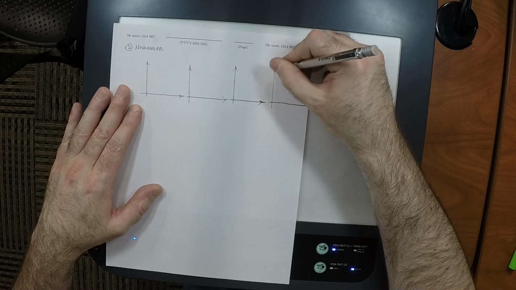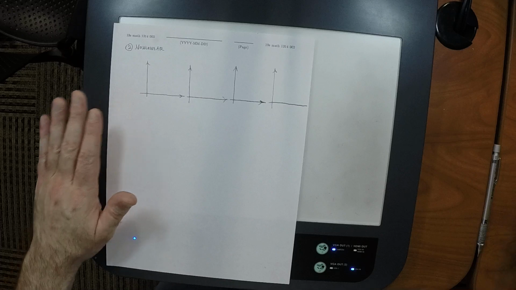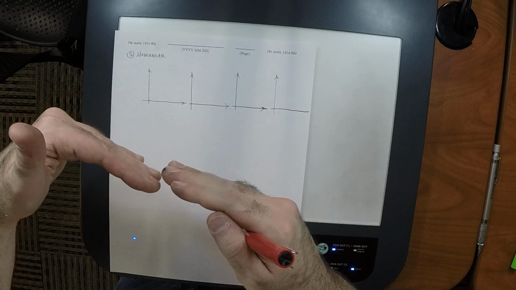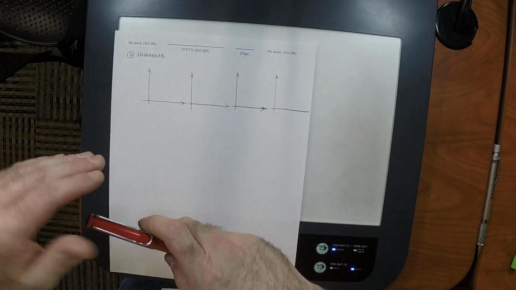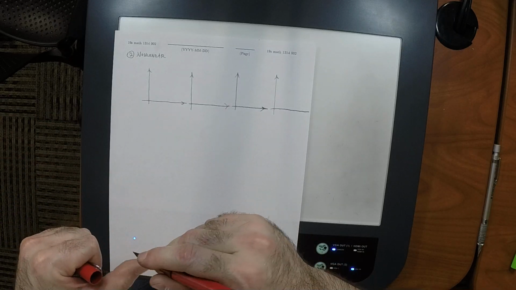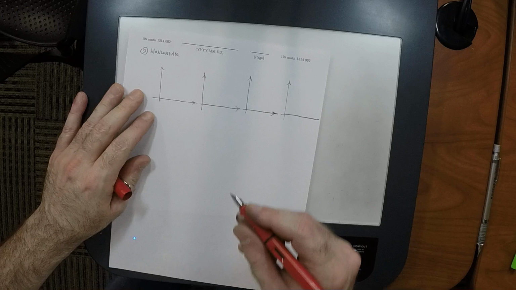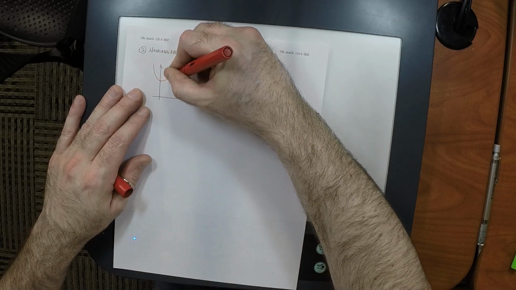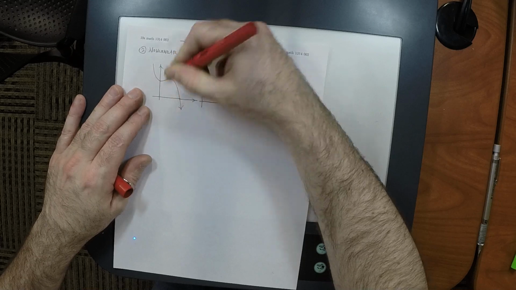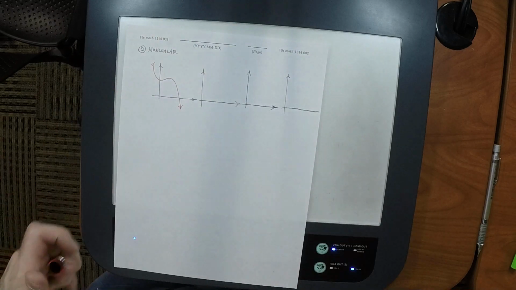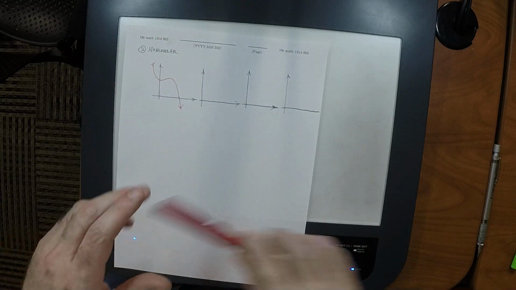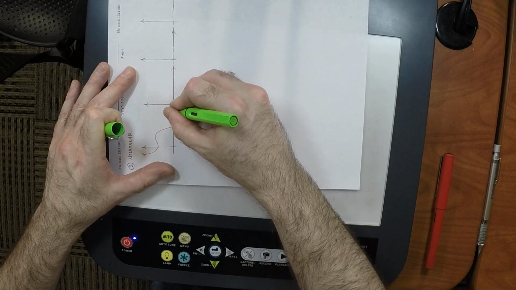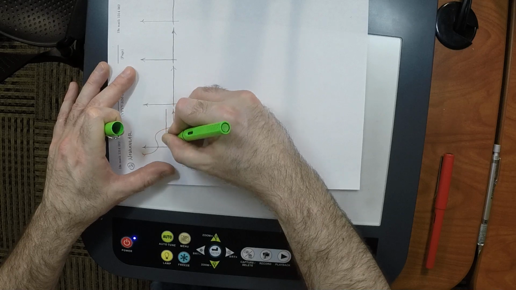So all that nonlinear means is that now the red, instead of being flat, all that flat means is that it means straight, like a ruler. So now the red just doesn't have to be flat. It can be bendy, so maybe something like this. And the green line's always going to be horizontal.